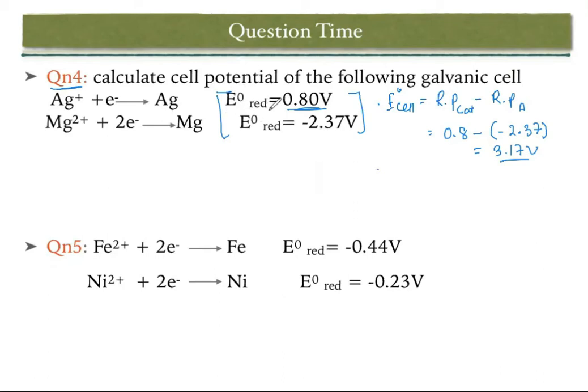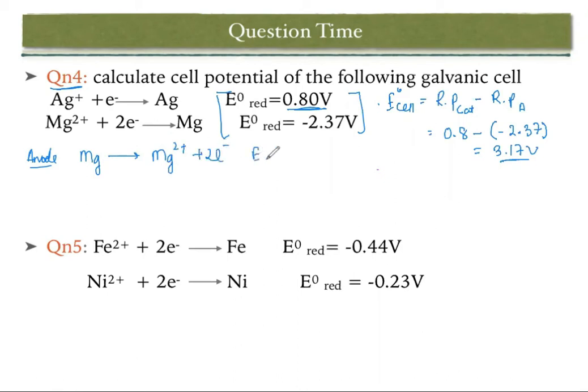We can approach in another way. As soon as we see that both reduction potentials are given, this will be the higher reduction potential. That means reduction will happen here, the other will be oxidation. So I'm writing the cathode and anode values. So first write the anode. In the anode, the reaction will be Mg releasing 2 electrons.